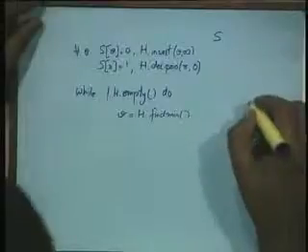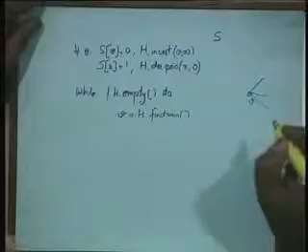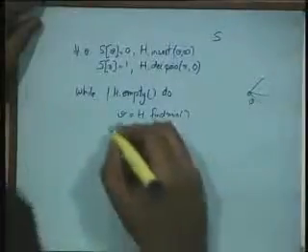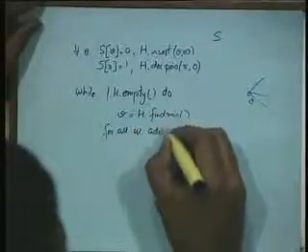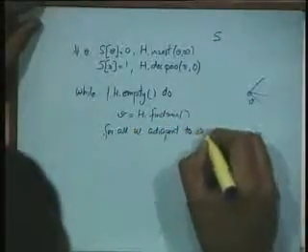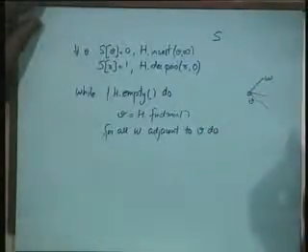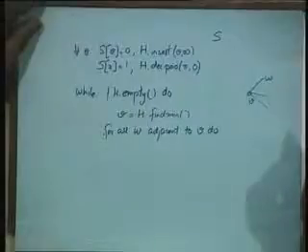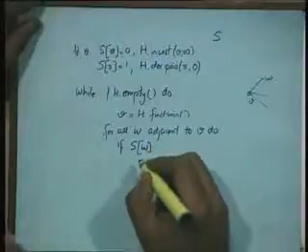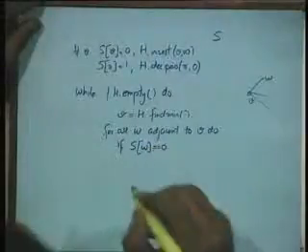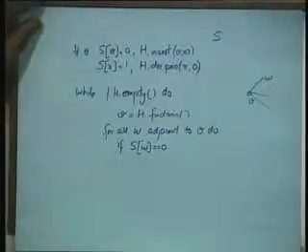So now we have got the minimum vertex V. What will we do now? We will look at all its adjacent vertices. For all W adjacent to V, do: if S of W equals 0, what does that mean? W is on the S complement side.